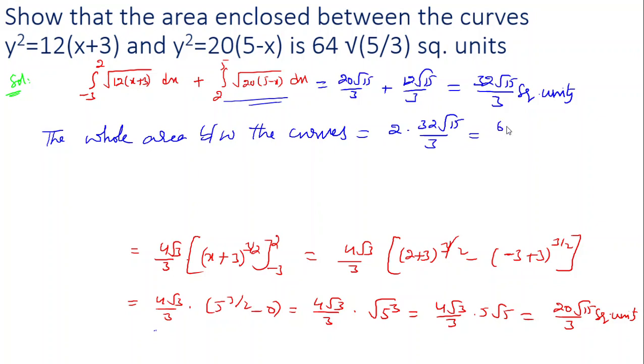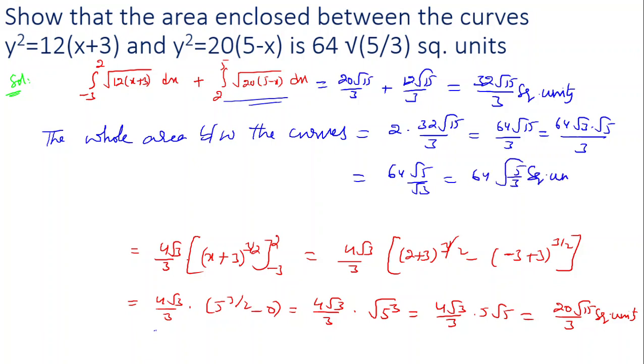So now this is 64 root 15 by 3, and 64 root 3 into root 5, because root 15 is root 3 into root 5, by 3. And now this is 64 root 5 by root 3, and now this is 64 root of 5 by 3 square units. So the whole area enclosed between the curves is 64 root 5 by 3 square units.